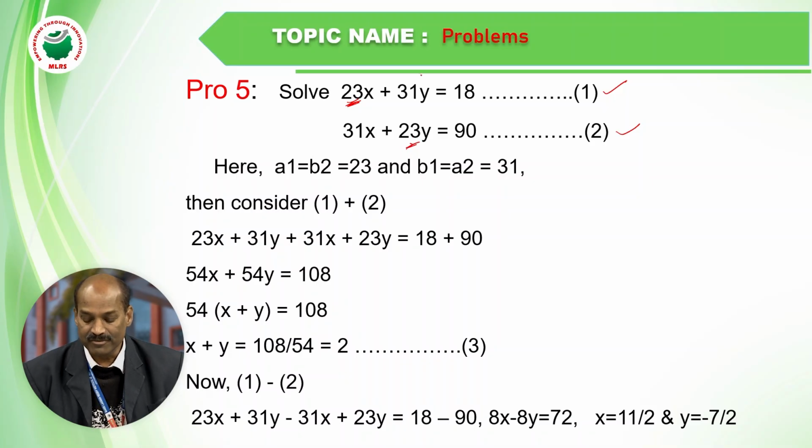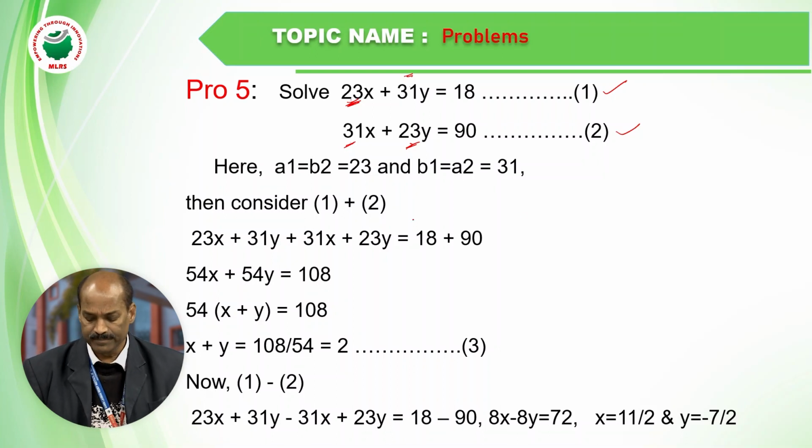Similarly, the coefficient of y, 31 in first equation is equivalent to the coefficient of x in second equation. So therefore here a1 equal b2 and b1 equal a2. So you can apply the sutra number 2.